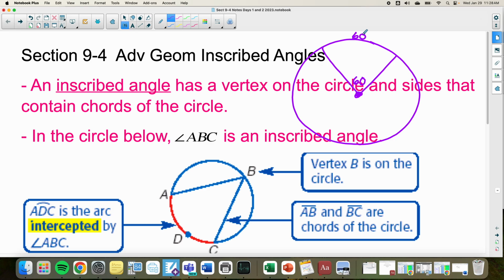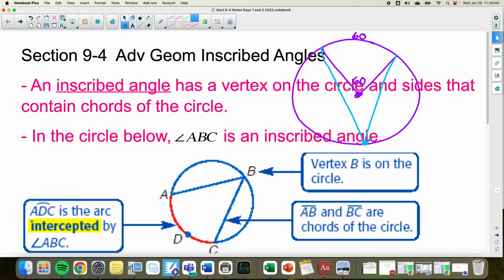Okay. Today what we're going to talk about is something called an inscribed angle. And an inscribed angle looks like this. So instead of having its vertex at the center, it has its vertex on the circle, okay? And there's a rule that we're going to learn today, that your inscribed angle is half of the intercepted arc instead of equal to it.